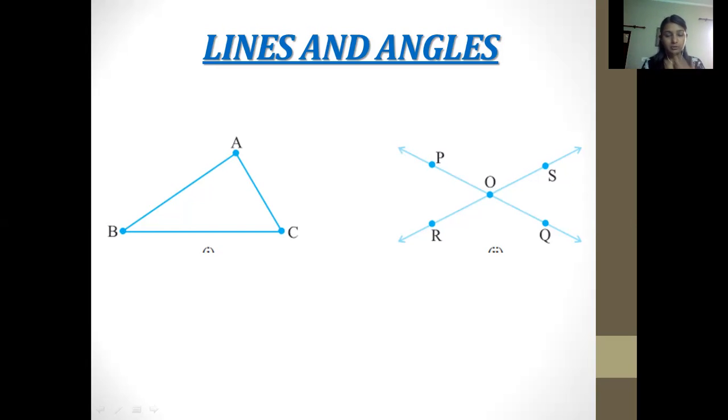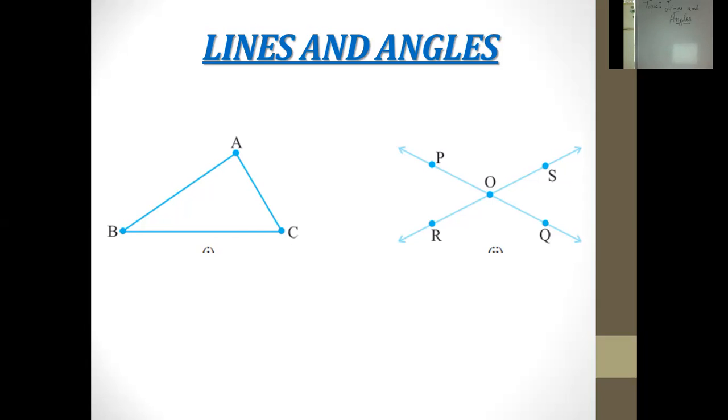And in the second figure, you can observe that there is one joint point, one fixed point, from which two lines are crossing each other, but they are not making any figure, they are making an angle.